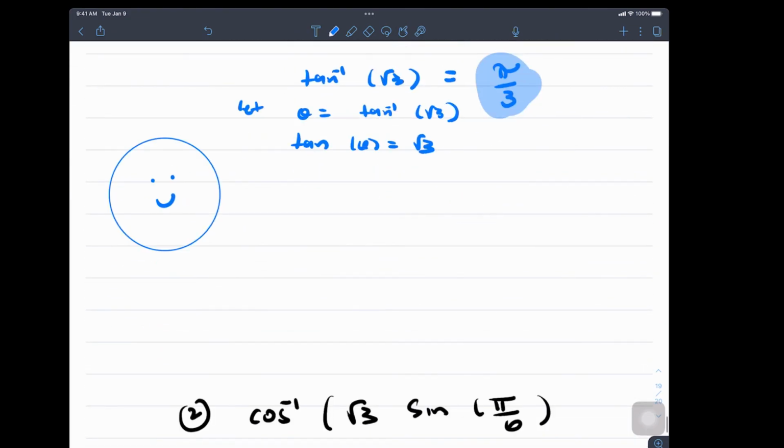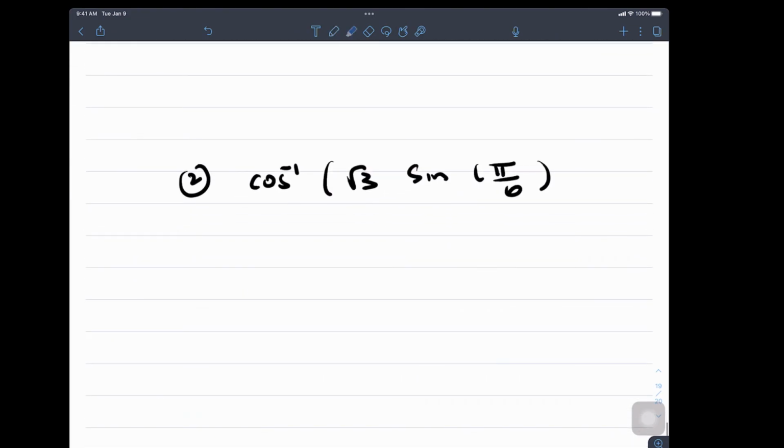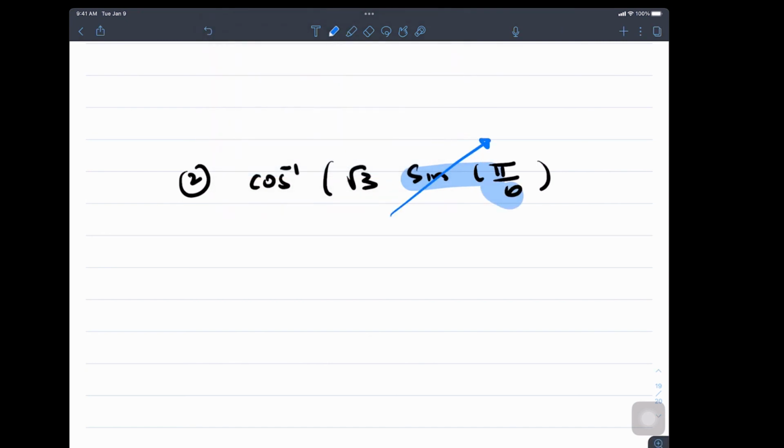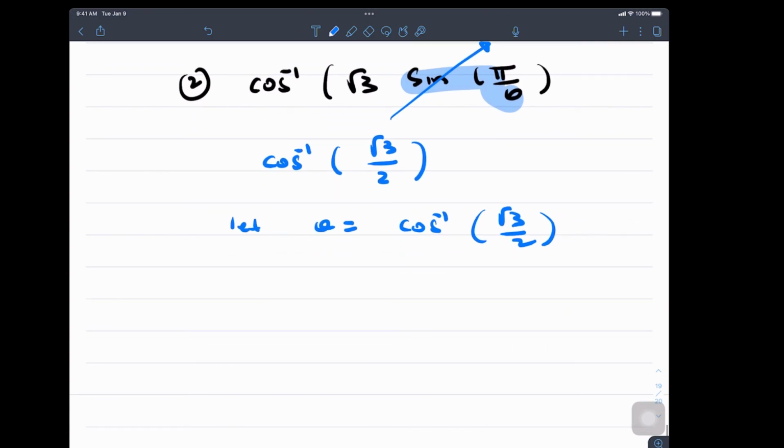All right. What about the other one? What's cosine of 30 degrees? Is that 1/2? So they go, oh, they're really asking me for cosine square root of 3 over 2. I don't think we did this one. Right? So the process will be, let theta be inverse cosine square root of 3 over 2.